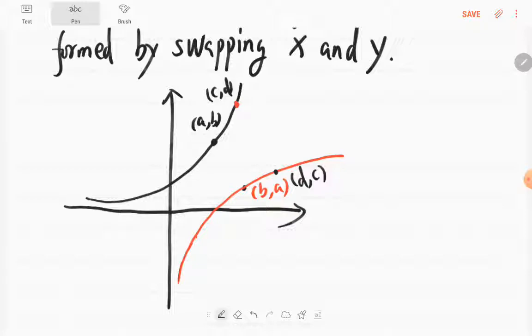You can see that these two curves are symmetric with respect to the line y equals x.